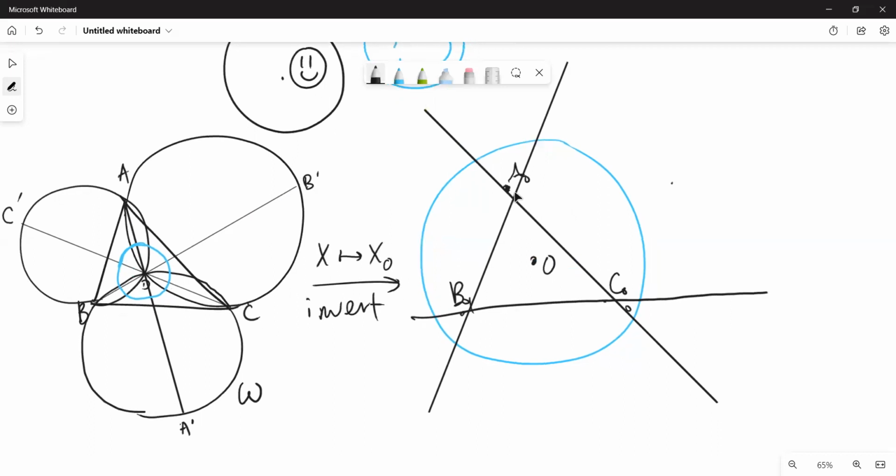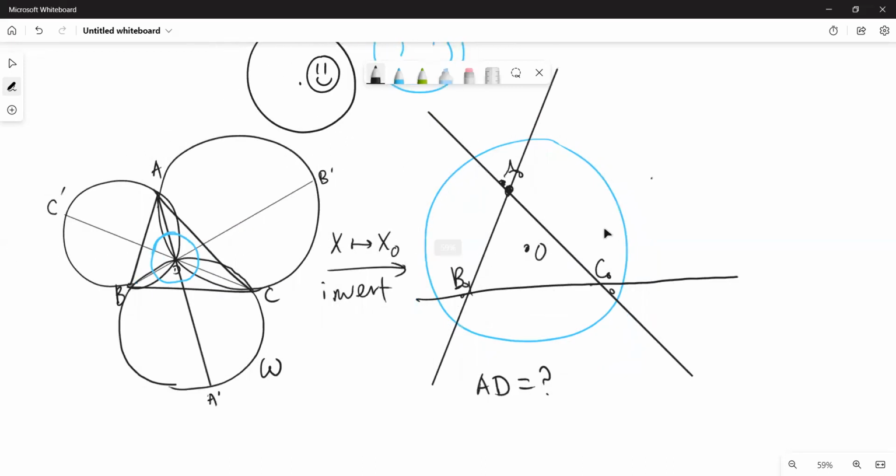So now, what's AD in terms of the lengths in the new diagram here? What can I write it in terms of length in this diagram?